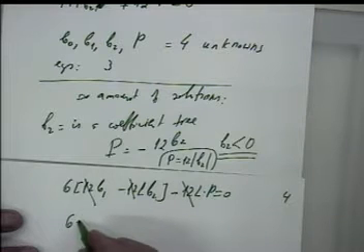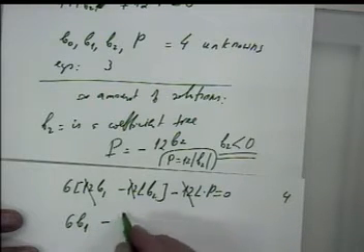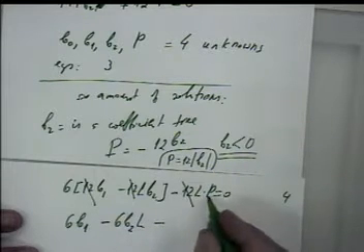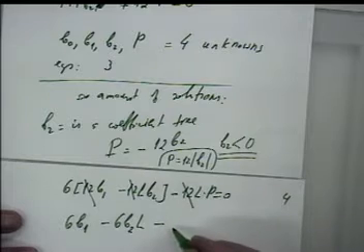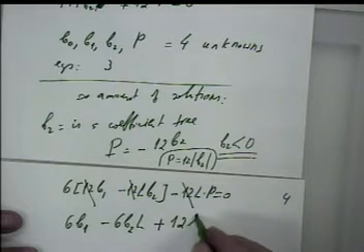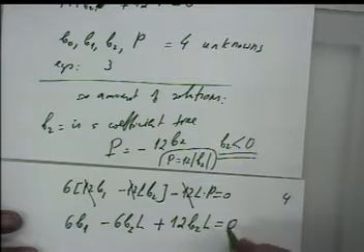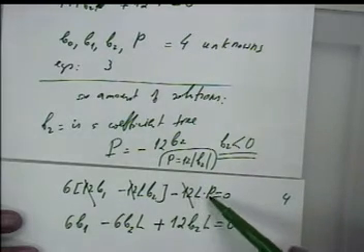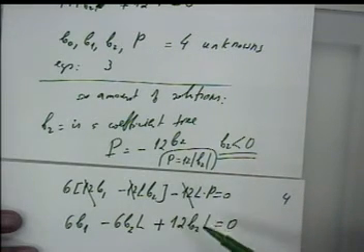We have 6B1 minus 6B2 L minus LP. Minus LP means that P equals minus 12, so that will be plus 12 B2L equals 0. Yes? Because I just substituted this minus 12 B2 here. So minus gets plus. Are you with me?